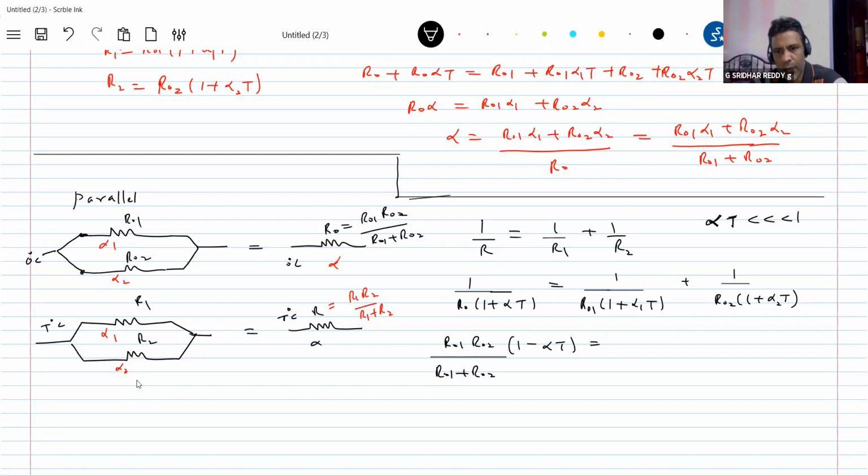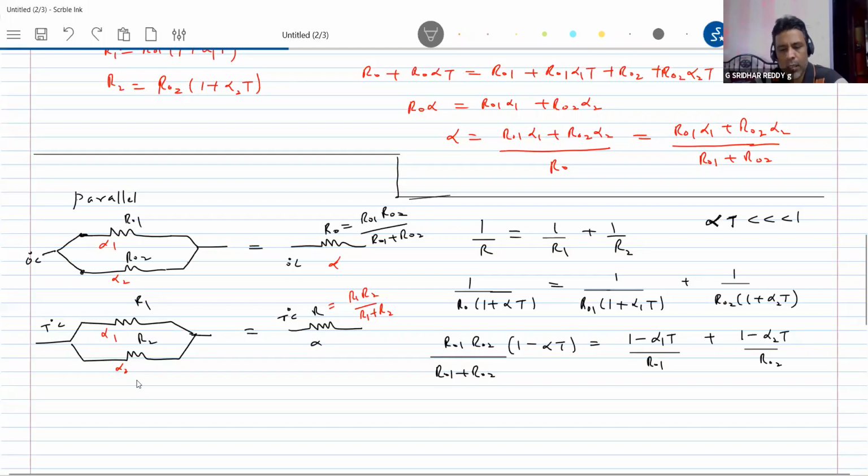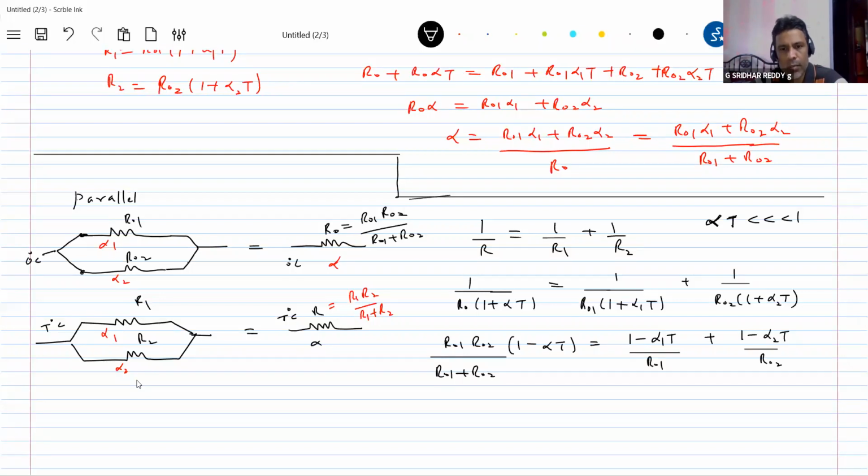So this should be equal to 1 minus alpha 1 t over R naught 1, plus 1 minus alpha 2 t over R naught 2. This is R naught, no? So some correction I'll make. This should be R naught 1 plus R naught 2.